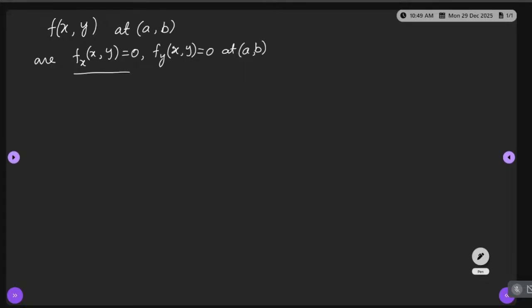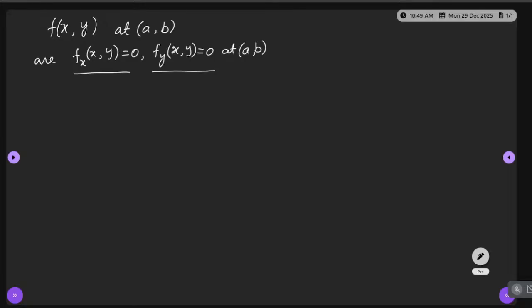Fx of x,y means derivative of the function with respect to x only, keeping y constant. Fy of x,y means derivative of the function with respect to y only, keeping x constant. That means partial derivatives. That is the importance, right?